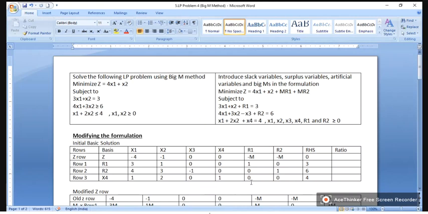Thank you. We have 3 types of variables. We have normal decision variables. In addition to normal decision variables, we got slack variable, surplus variable, and artificial variable.